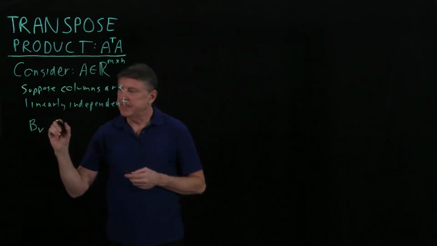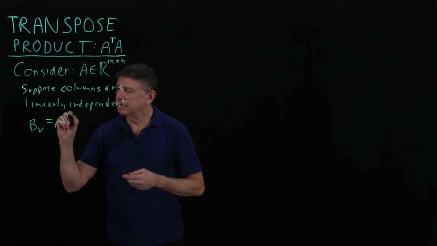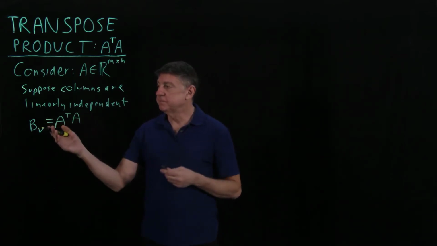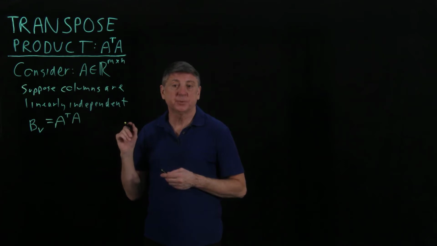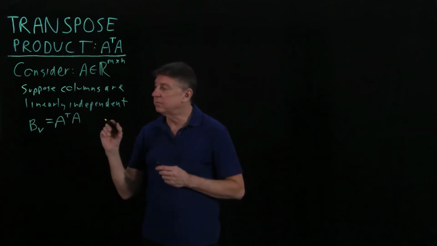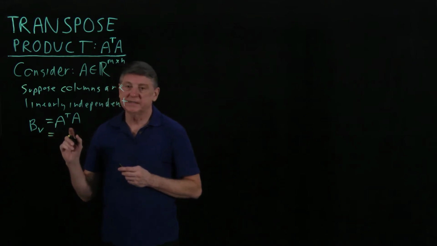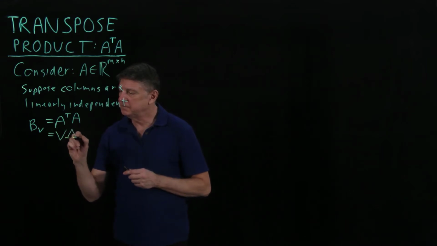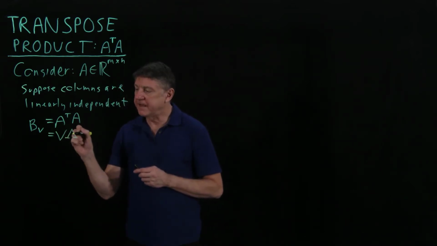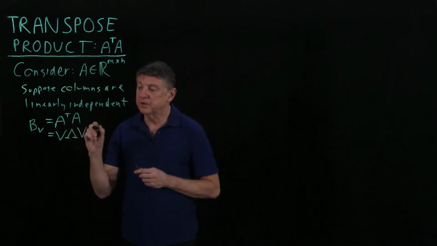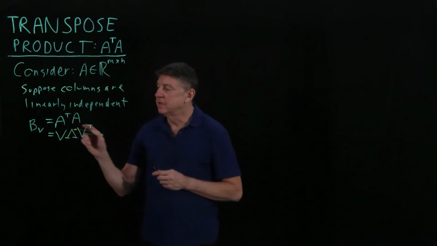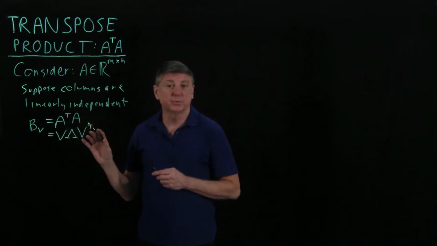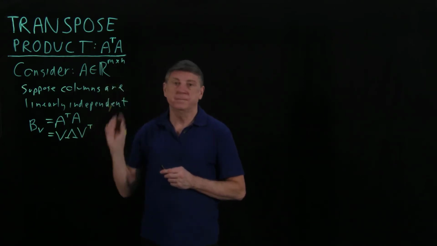We'll say that it equals A transpose A. And by the spectral theorem, because it's symmetric, it has an eigenvector decomposition: some eigenvector basis V times its eigenvalue matrix times, and now it's not the inverse, it's specifically the transpose, because the columns of this will be an orthonormal basis for R^n.